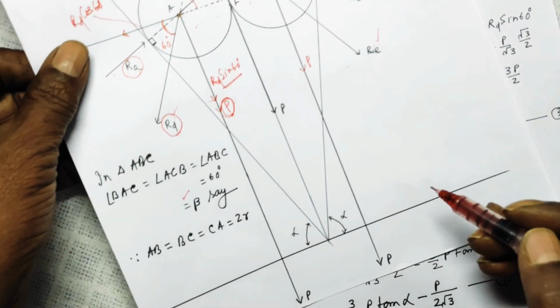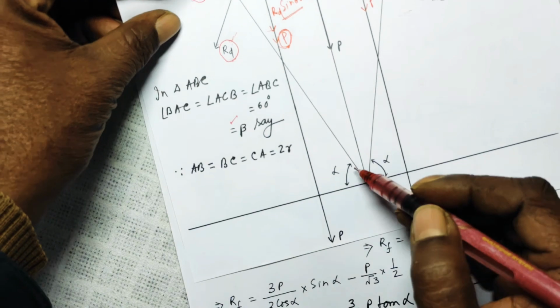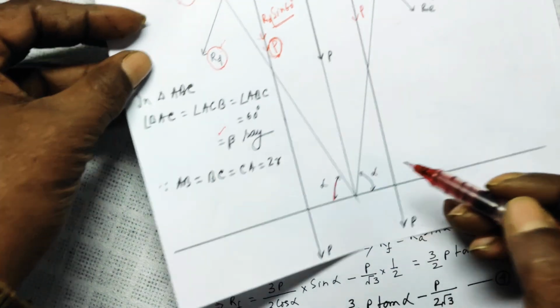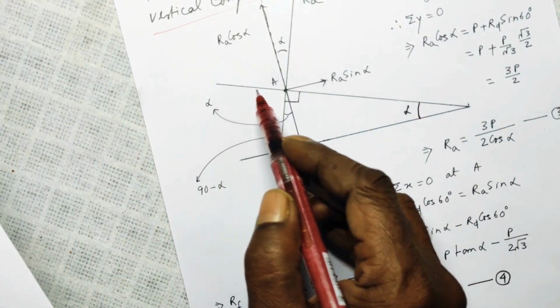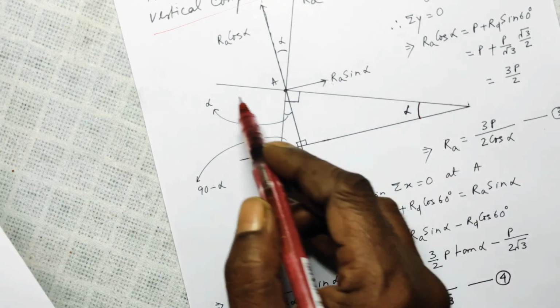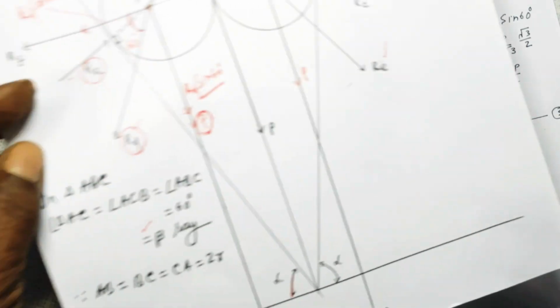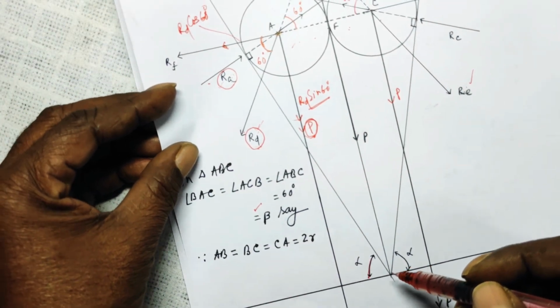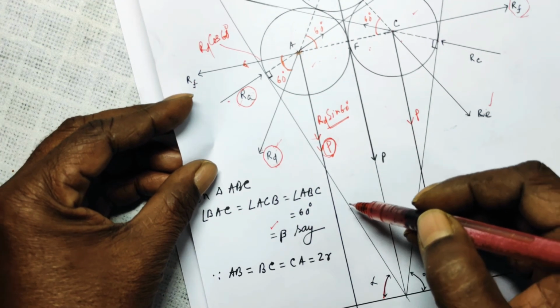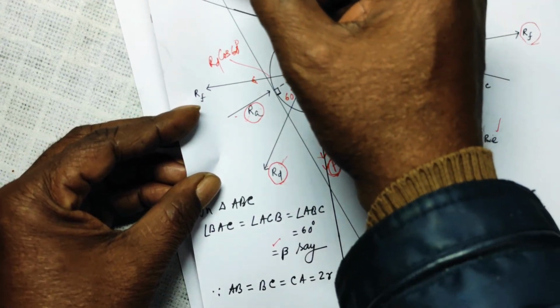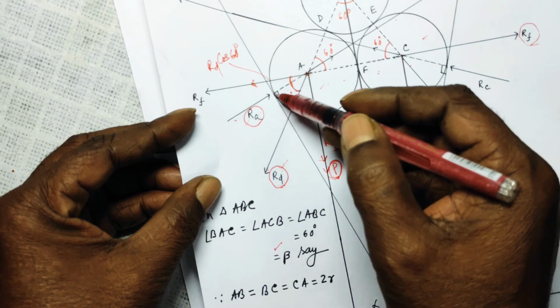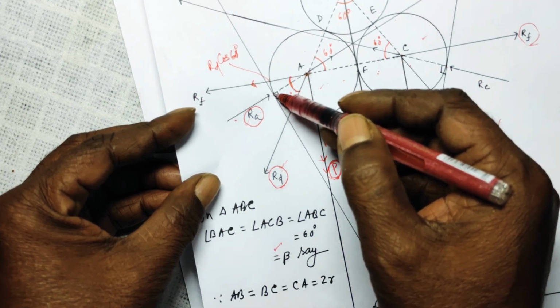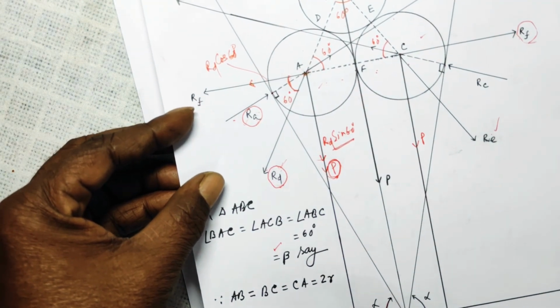That is the same thing as this angle. And which is this line? This line is the same thing as this line. I have taken this point here to make things simpler.